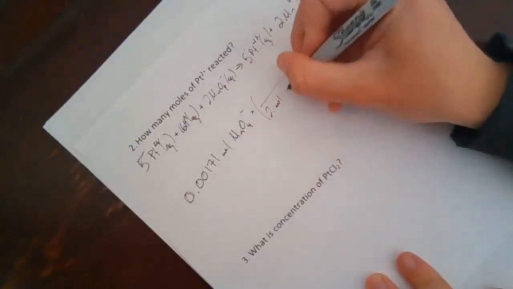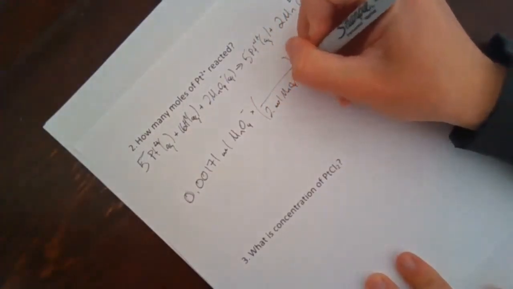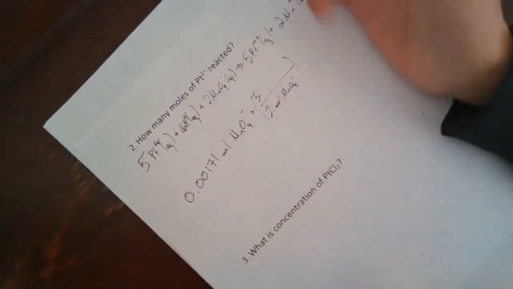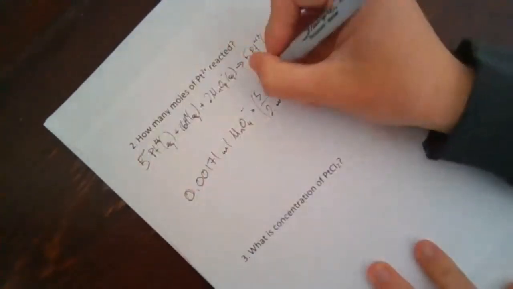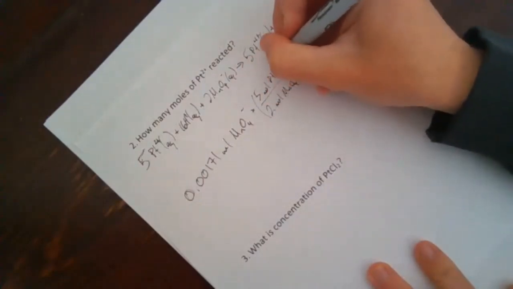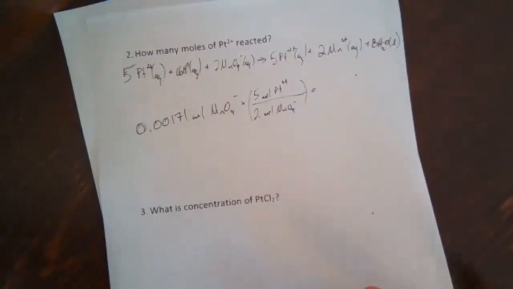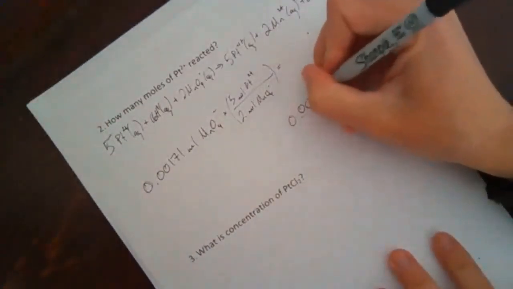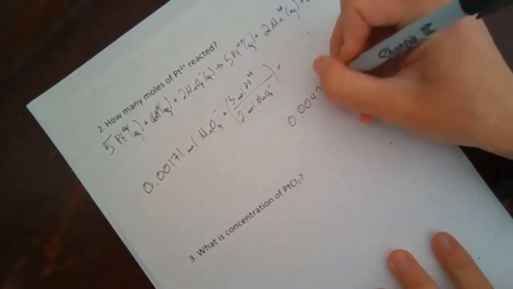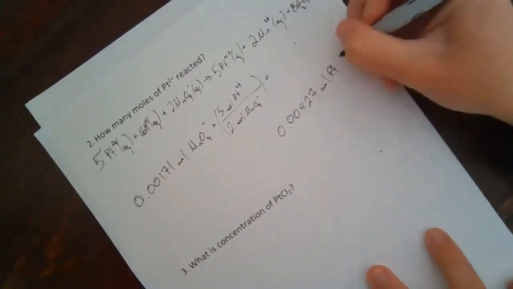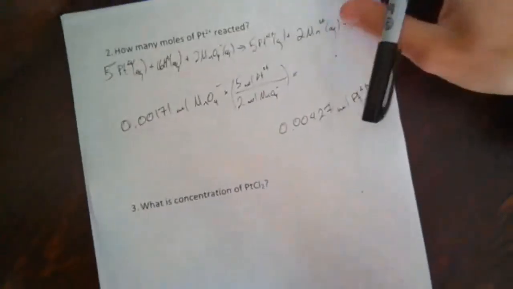For every 2 moles of MnO4-, that coefficient, I reacted exactly with 5 moles of platinum 2 plus, which would mean that I would get 0.00427 moles of platinum 2 plus.